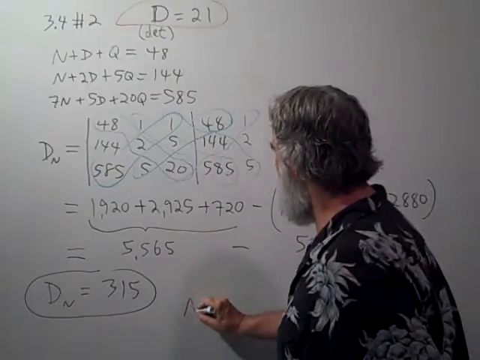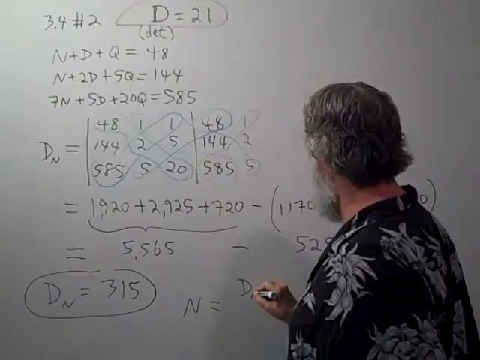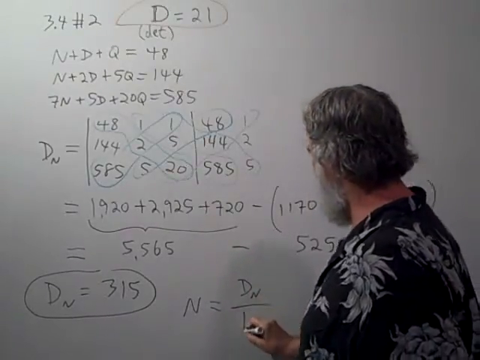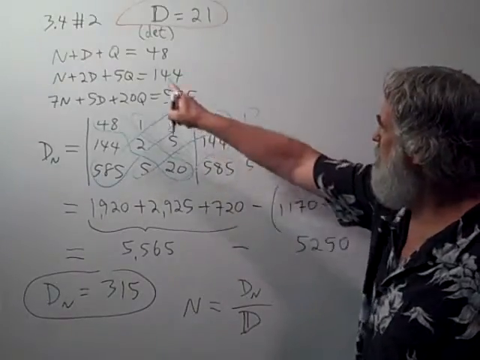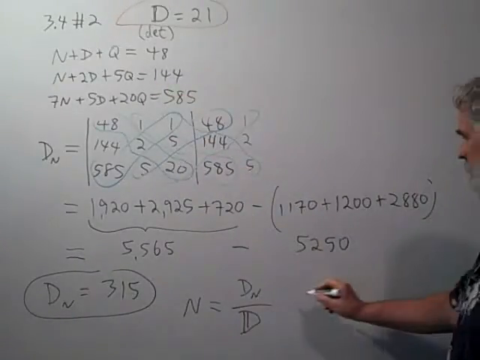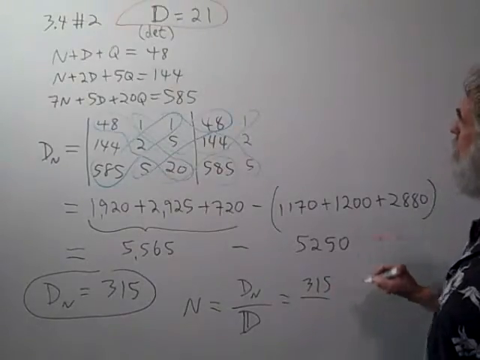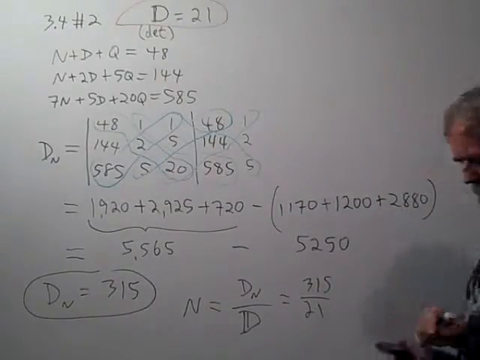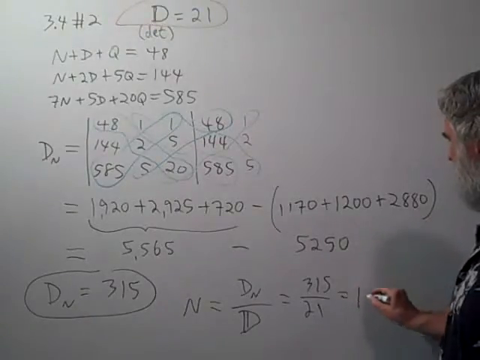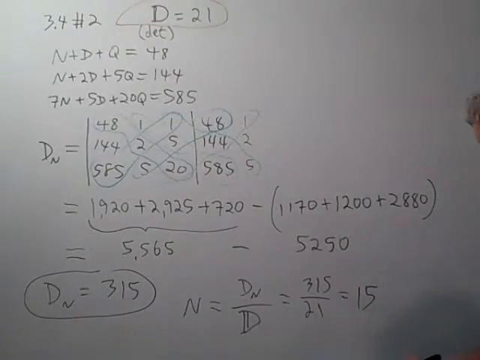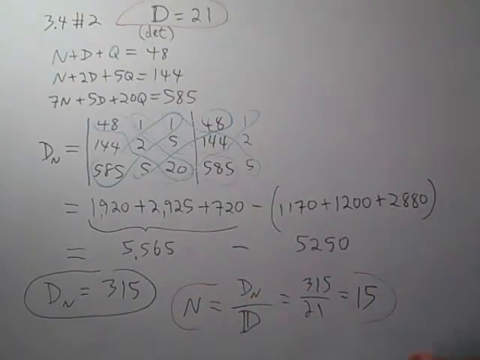This means that the number of nickels, which is the d sub n that we just found, divided by the determinant of the matrix of the system, becomes 315 that we just found divided by 21. And 315 divided by 21 is 15. So we know that we have got exactly 15 nickels.